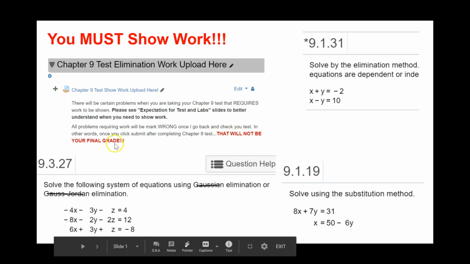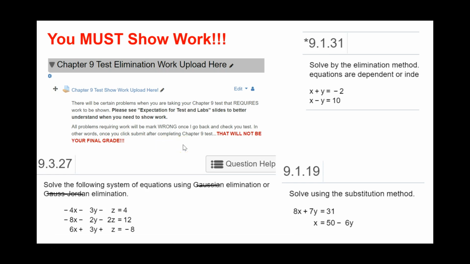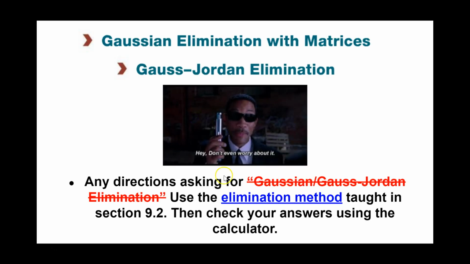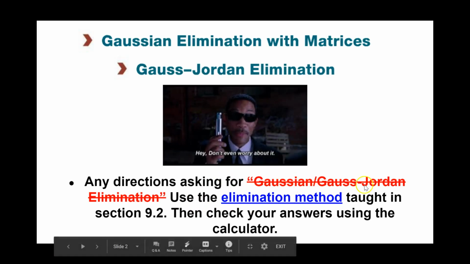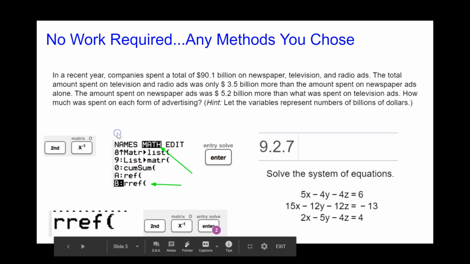So you need to hold off on your final grade until I grade it, and I will send everybody a notification saying Chapter 9 grade has been updated and your grade is safe to assume this is what you made on your test. So once again, if it says the GGJ elimination, we're going to use the elimination method taught in 9.2. So this is for those problems.